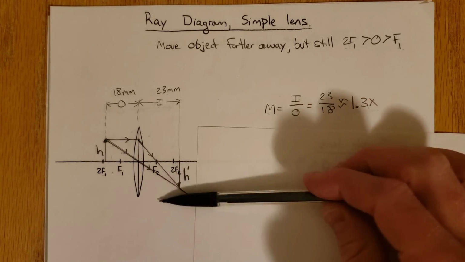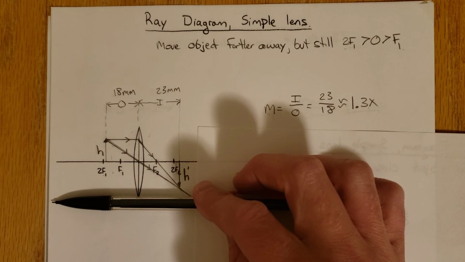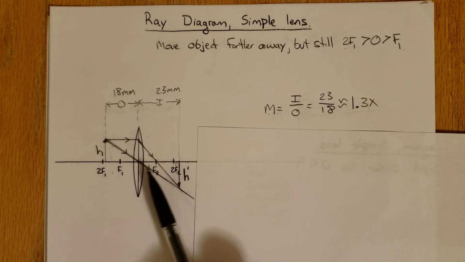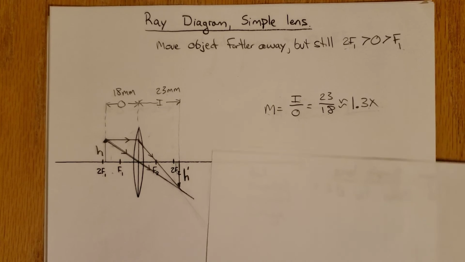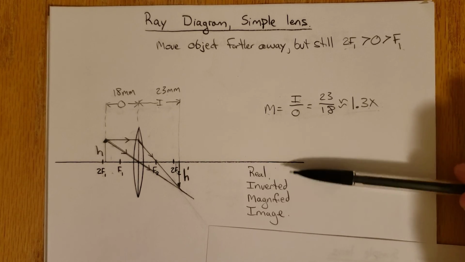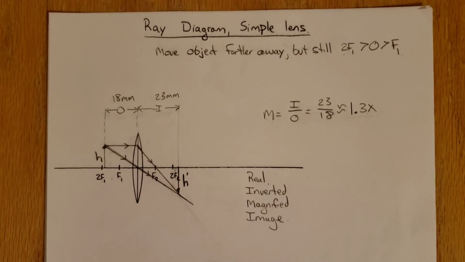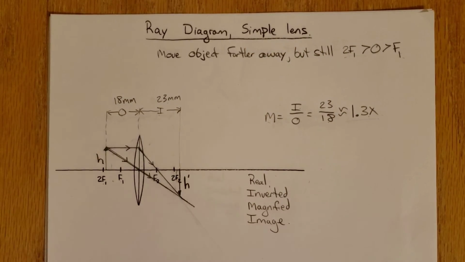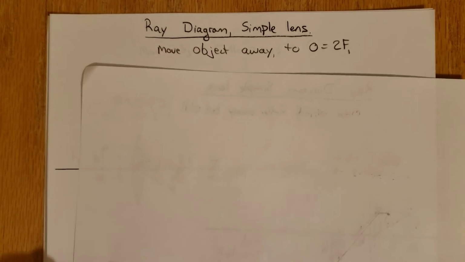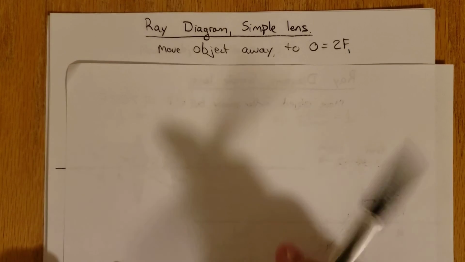So as we move our object back away from the lens, the image plane gets closer to the lens, but the total magnification decreases. We're back to having a real, inverted, magnified image here. Let's take this to its logical extreme and take the object farther away to exactly 2 times the focal length.